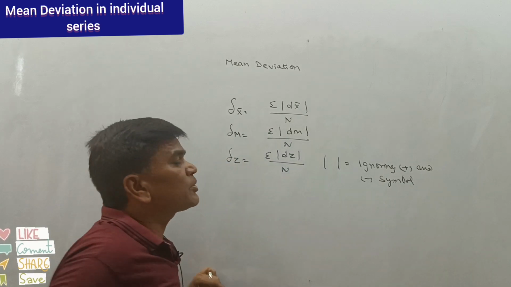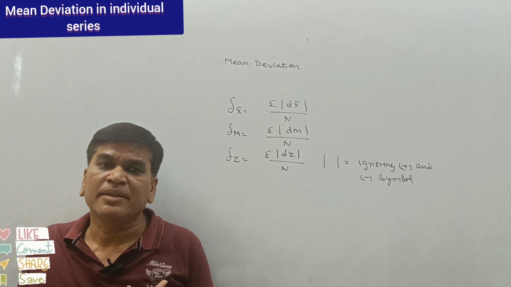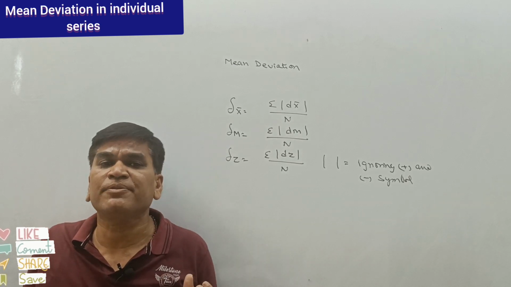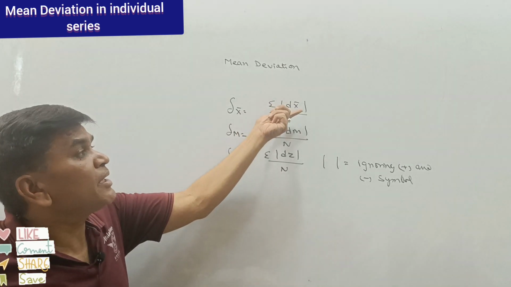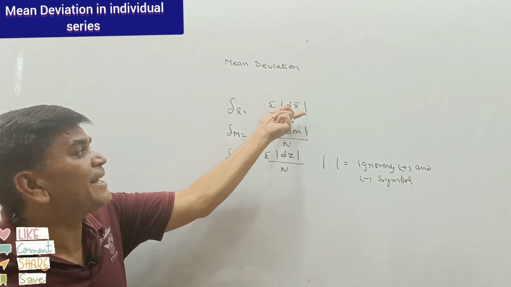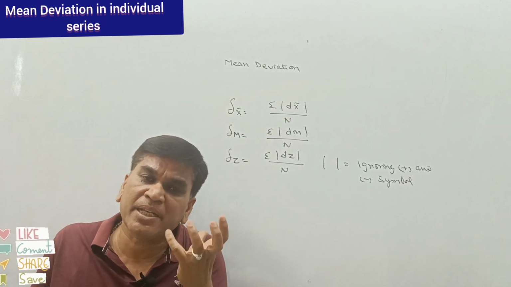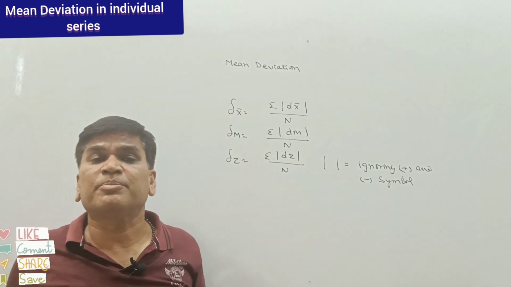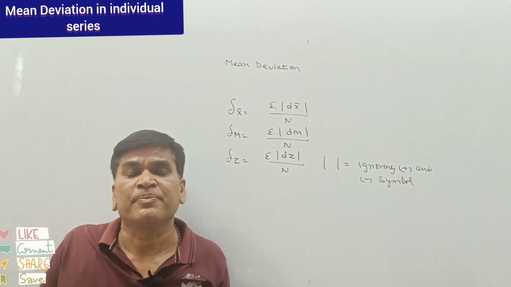To calculate the mean deviation, first we calculate the mean, then we calculate the deviation from the mean, ignoring plus and minus. Then sigma |dx| means we add all the deviation values and take the arithmetic mean of this, and we get the mean deviation from the arithmetic mean.